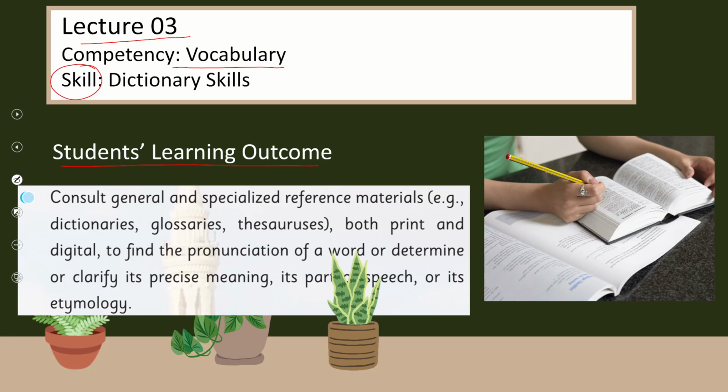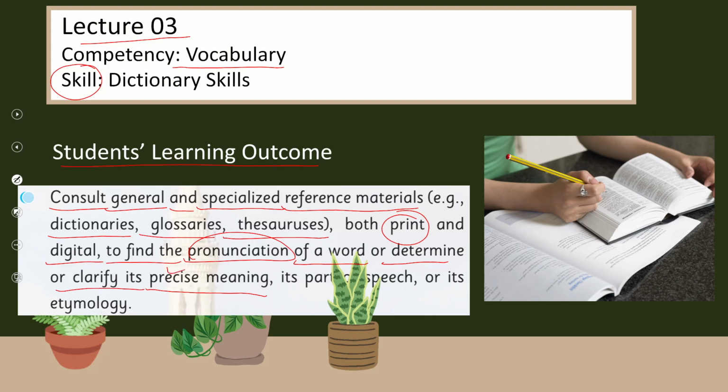It says consult general and specialized reference materials, and they are your dictionaries, glossaries, thesauruses, both print and digital, to find the pronunciation of a word or determine or clarify its precise exact meaning, its parts of speech, or its etymology.